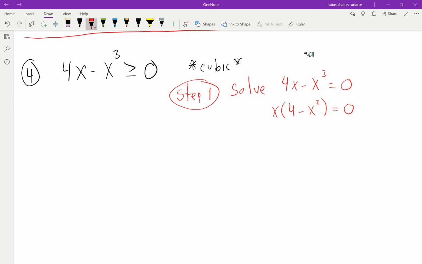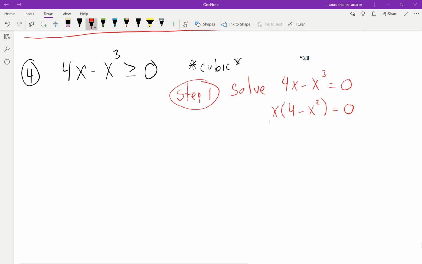Now I'm looking at the thing inside the parentheses, the 4 minus x squared part. Is there a way that I can factor that further? If you're thinking x squared minus 4, well, it's the same thing. It turns out that it does factor.